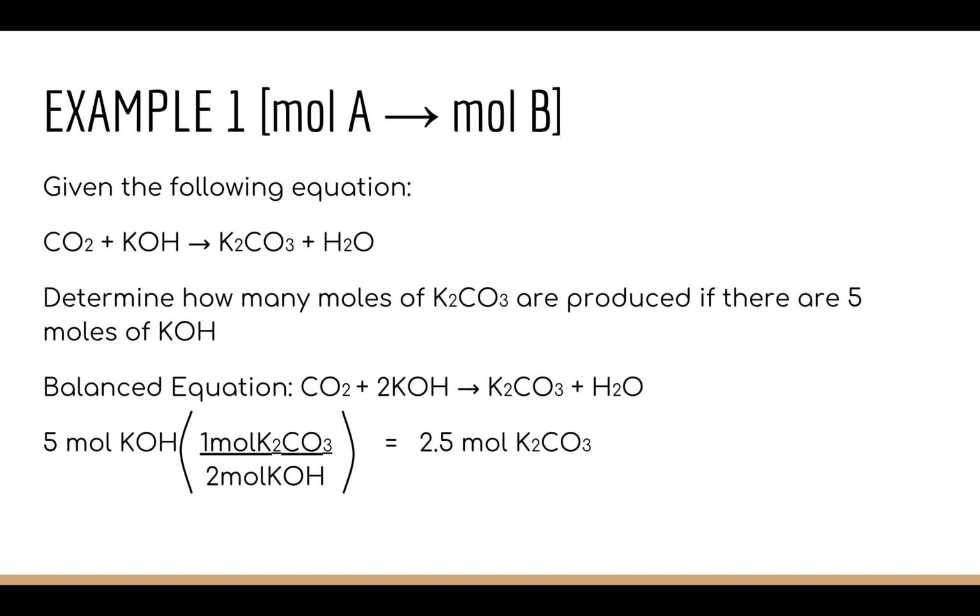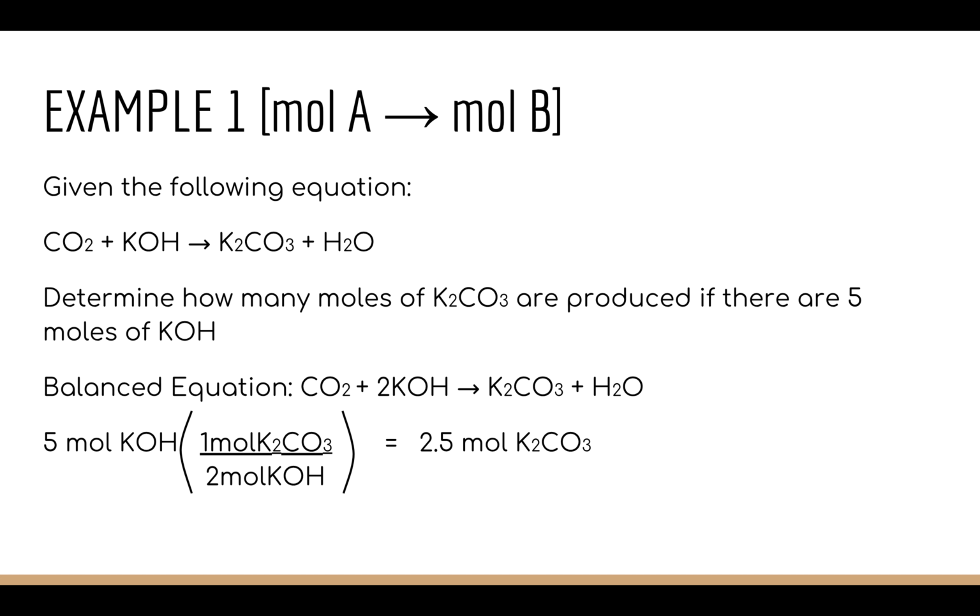And from these, we can create the molar ratios. So we set it up like we would a conversion. 5 moles of potassium hydroxide is in a ratio of times the ratio of 1 mole of potassium carbonate over 2 moles of potassium hydroxide.